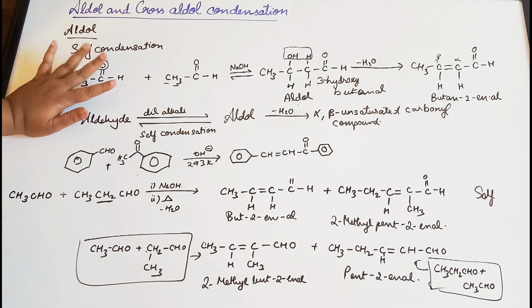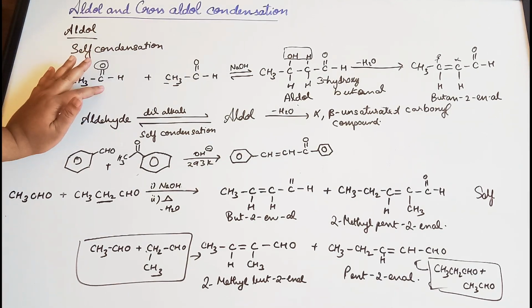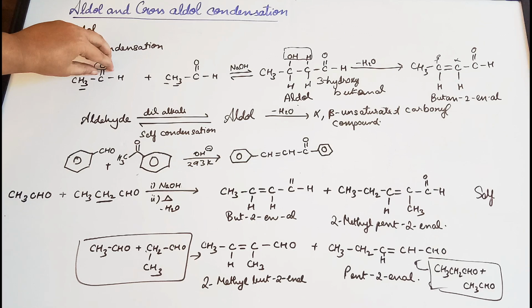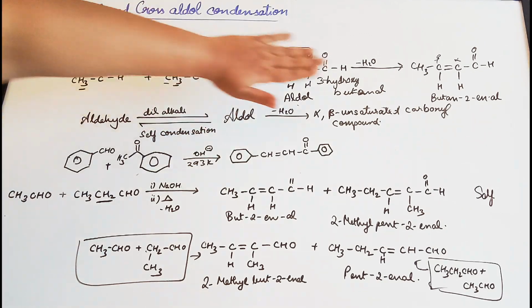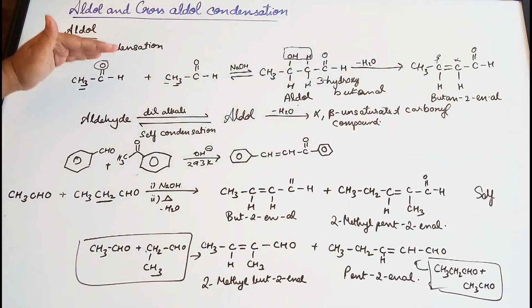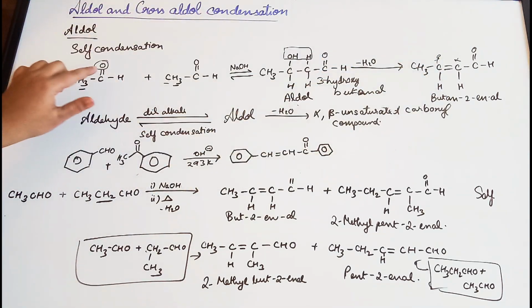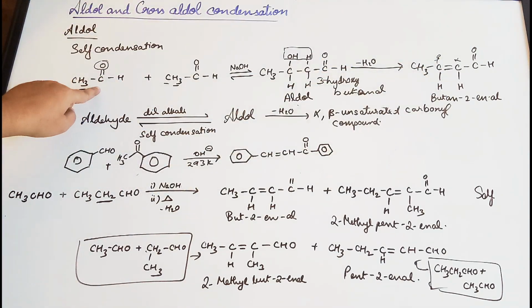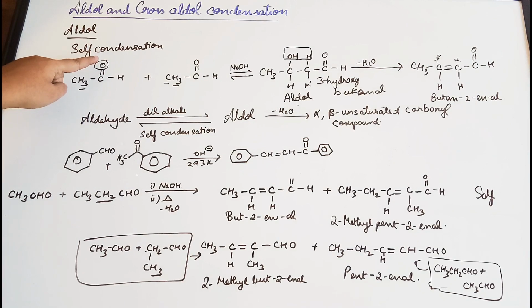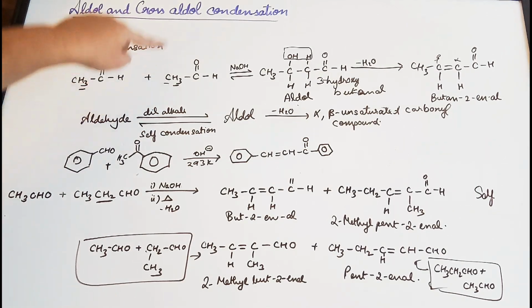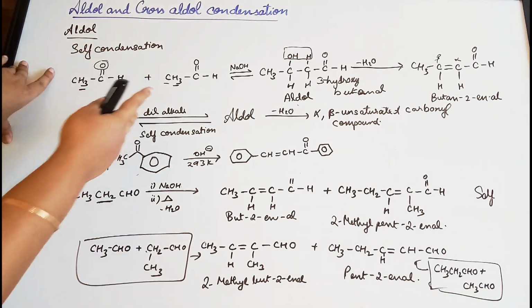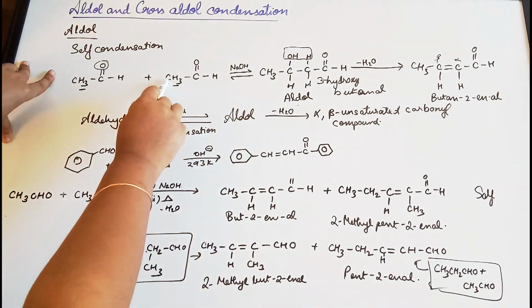So in this ethanal, the first molecule is losing the aldehyde group and it is getting converted. This O is going to get converted to an OH, and then that is also going to get lost. So leave this part for now. If you notice these two and that one, this carbon atom has lost the oxygen and has formed a double bond with the alpha carbon atom of the second molecule. And this has lost the 2 hydrogens.